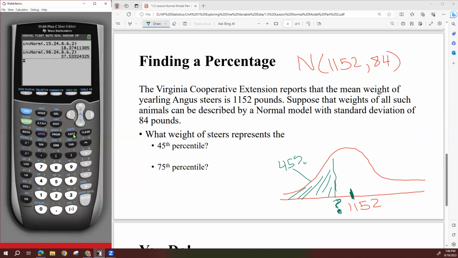So again, second VARS, inverse normal. I'm going to tell it my area to the left. Tell it my mean, my standard deviation, and it's going to tell me that 45% of the steer will weigh less than 1,141.44 pounds.